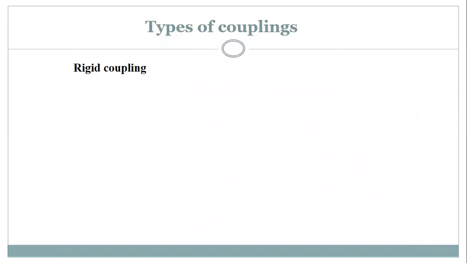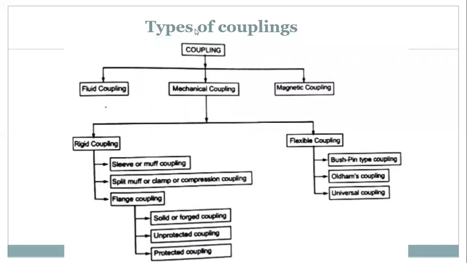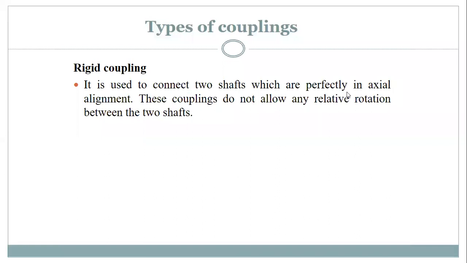So what is a rigid coupling? If you see here, I've shown you mechanical coupling. The first type is rigid coupling. Then what is the meaning of that? Rigid coupling is used to connect two shafts which are perfectly in axial alignment. See guys, even if some amount of misalignment in shafts is there, then rigid couplings cannot be used.